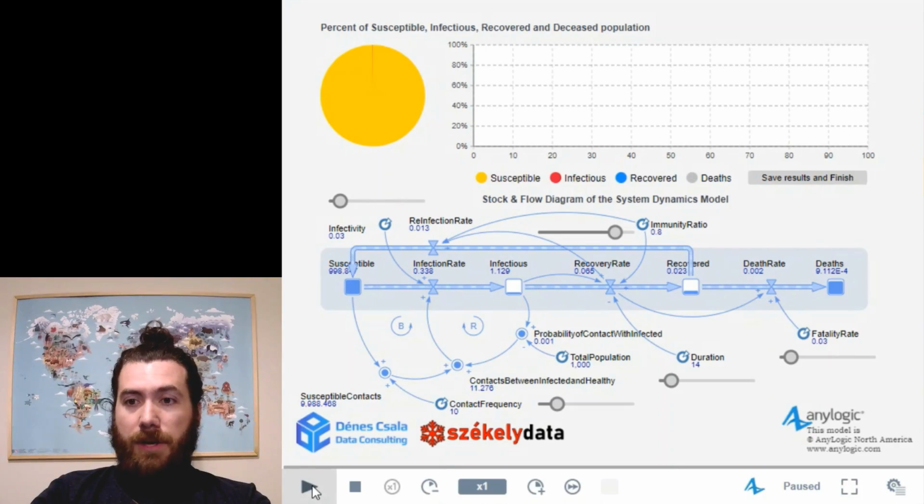However, we have already seen multiple examples of somebody who has recovered from having caught the coronavirus catching it again. So let's add another layer of complexity and see how this goes.